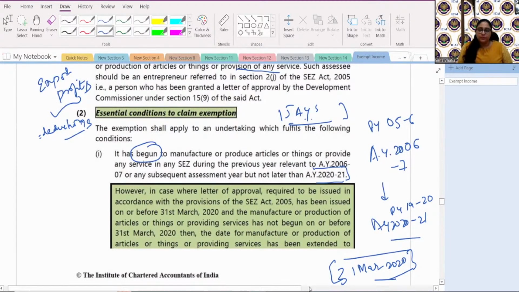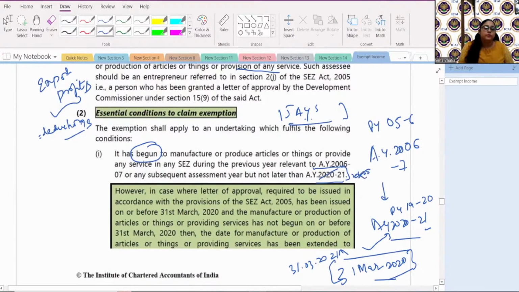So they said, okay, the condition remains the same. But in case you were unable to start your manufacturing by 31st March 2020, you can start it by 31st March 2021, and it would be assumed that you have started your manufacturing in assessment year 2020-2021. So they have not extended the year to 21-22.